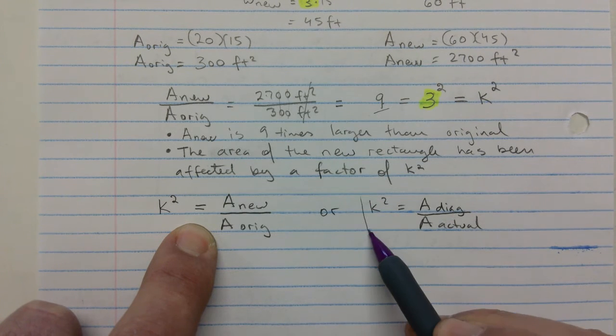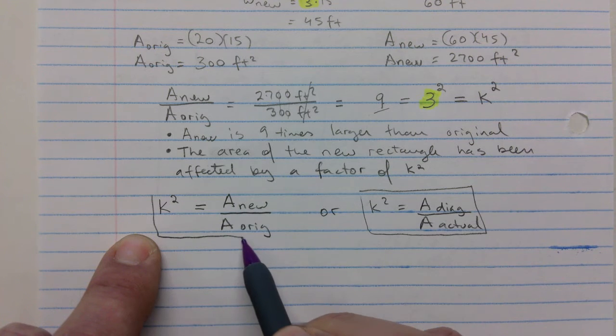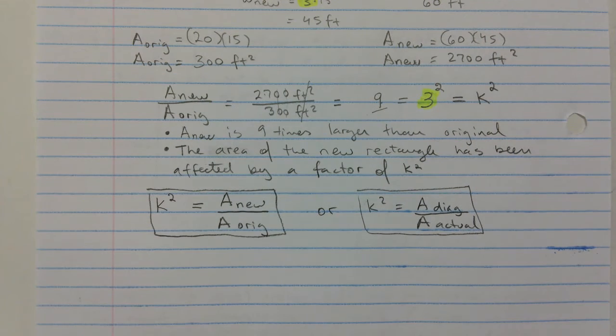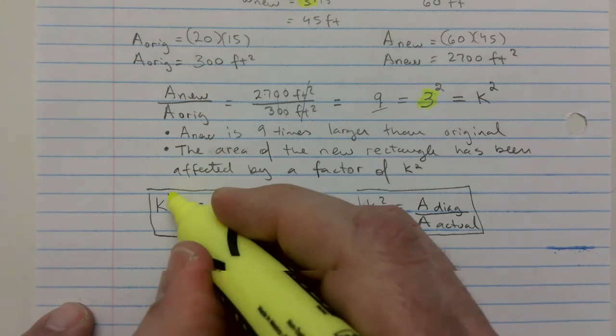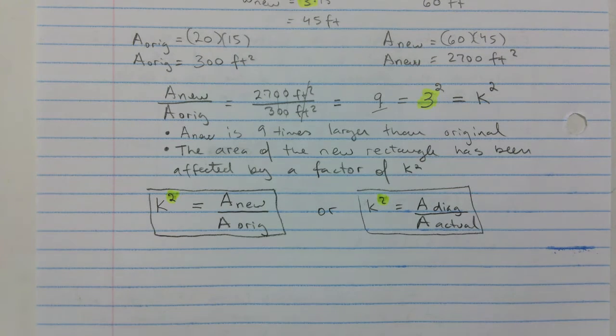They're the exact same thing. These are new. How do you know it's going to be k squared? When we're talking areas. Okay, when we're talking areas, notice the k squared. It's a squared there. That's the new part about these two formulas here.